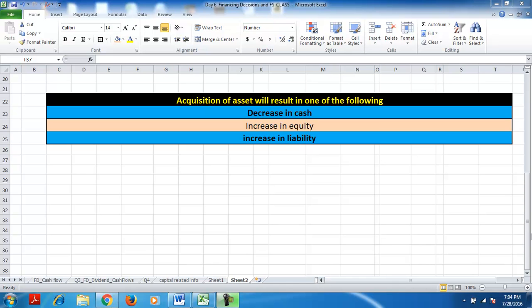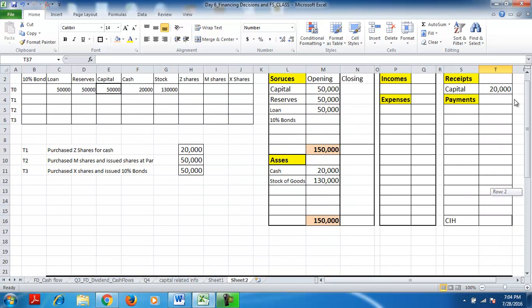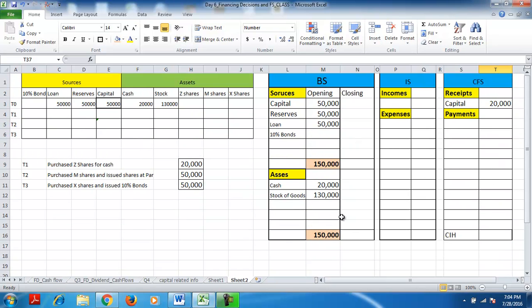Let us take an example and understand that. We have an opening balance sheet. We say that this business has purchased shares for cash, purchased M shares and issued shares at par, and purchased X shares and issued 10% bonds.